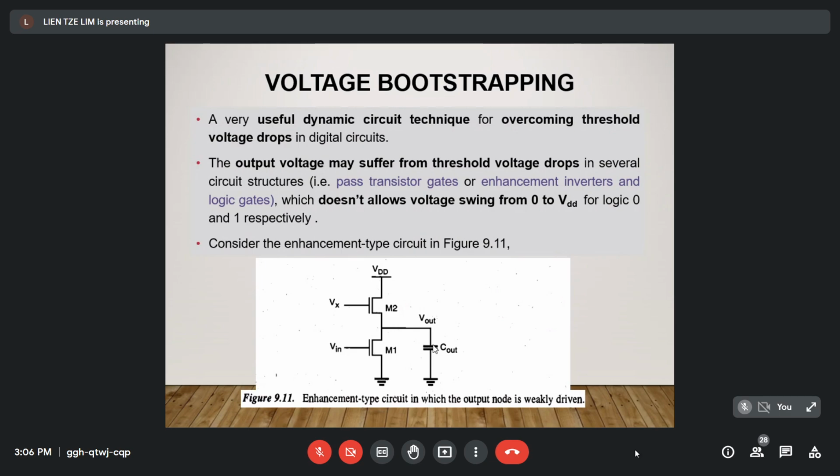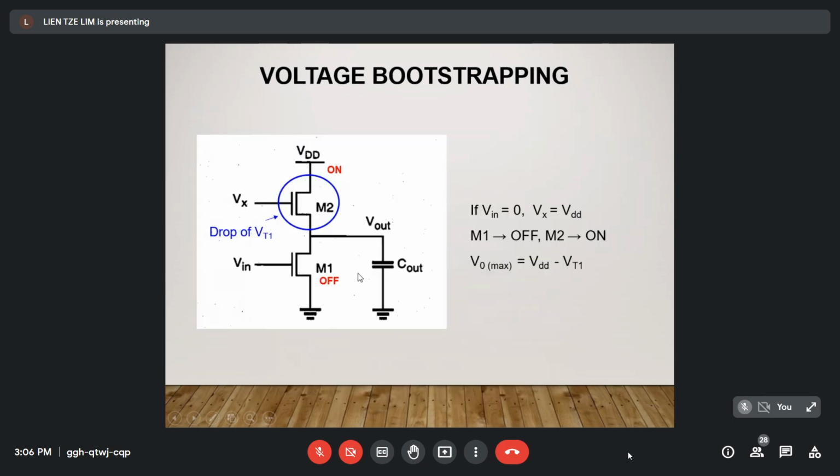This technique is one of the techniques. I will explain it using this circuit with the two NMOS.